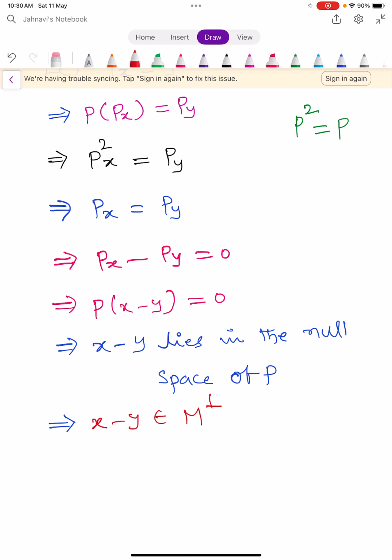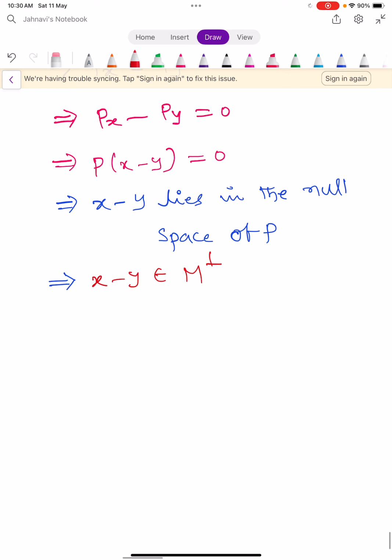M orthogonal is the null space of P. So x minus y belongs to M orthogonal means this x minus y is equal to z for some z belongs to M orthogonal. This condition implies x is equal to y plus z.